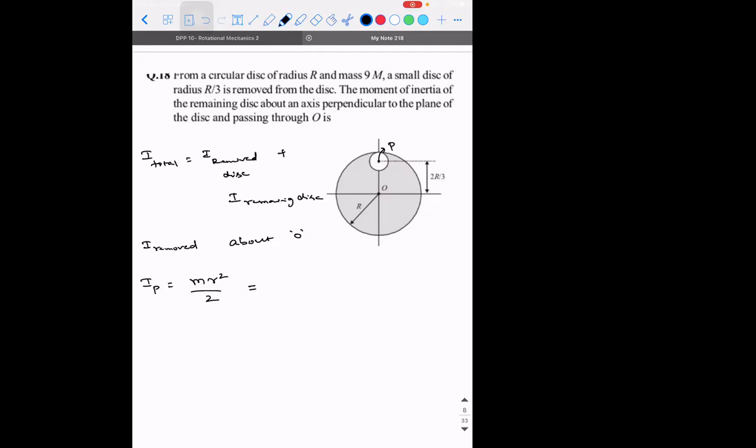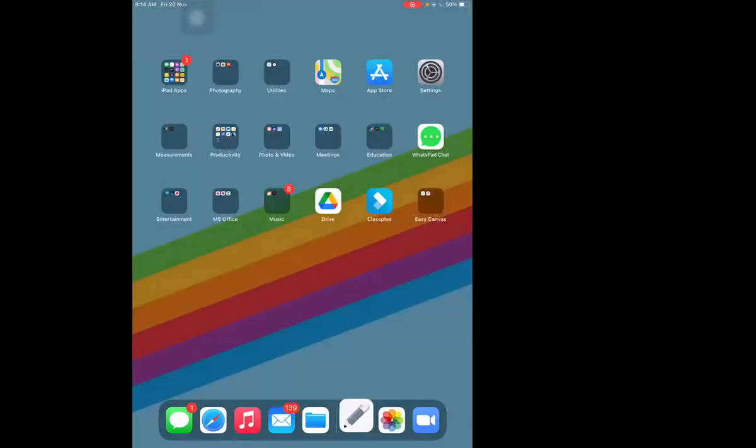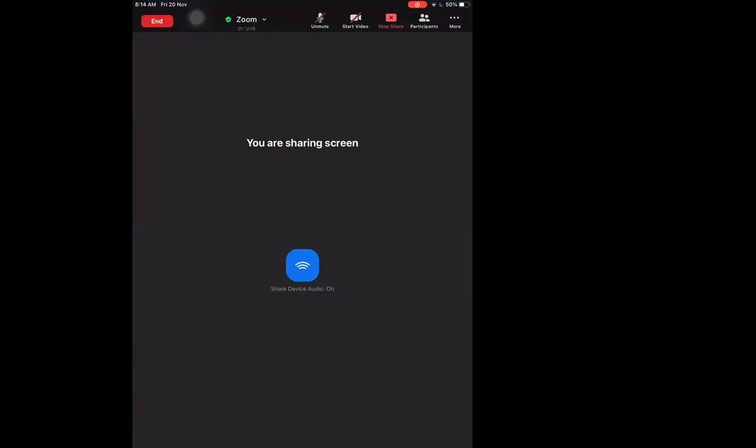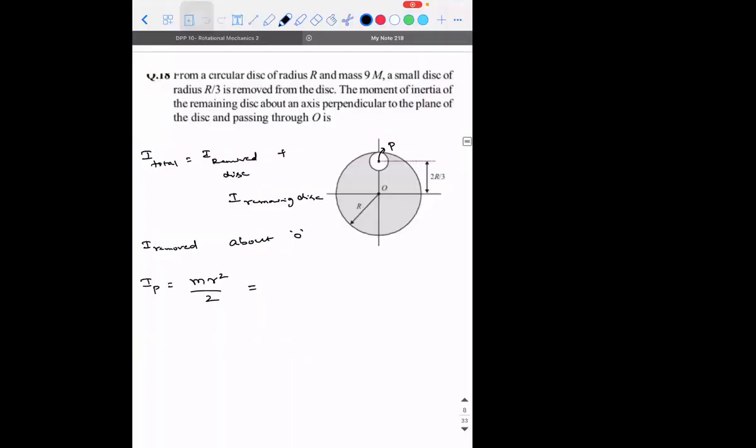Since they mentioned it as a disk, what is the type of density we can define?